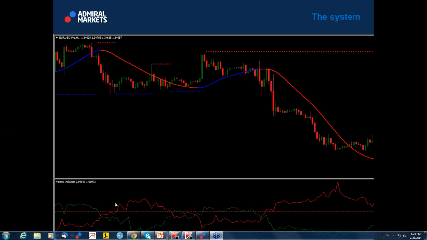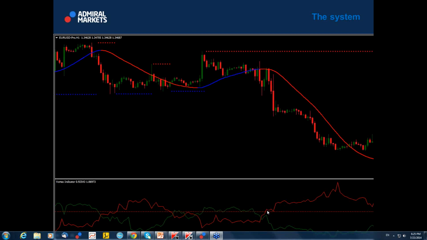So basically, this is some sort of ADX cross with overbought, oversold, but reversed, as you will see when I show you the rules. And there is a level on the Vortex indicator, 1.05, which marks the entry.